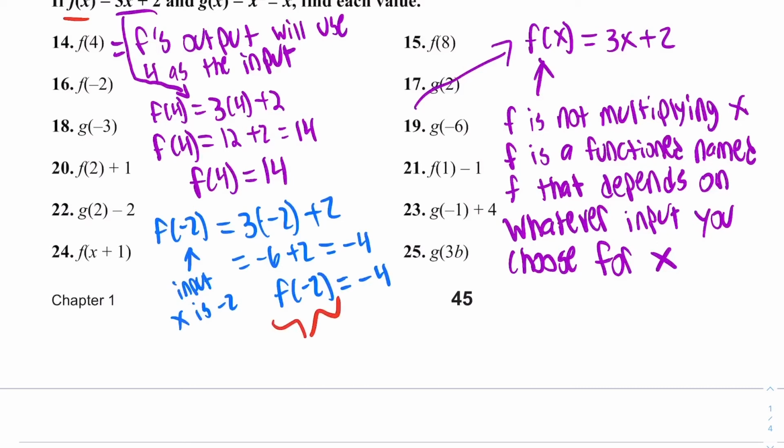F of negative 2, when these two things are looked at together, then this is the output. That's the specific output that we want, is f of negative 2. Negative 4 is the answer.